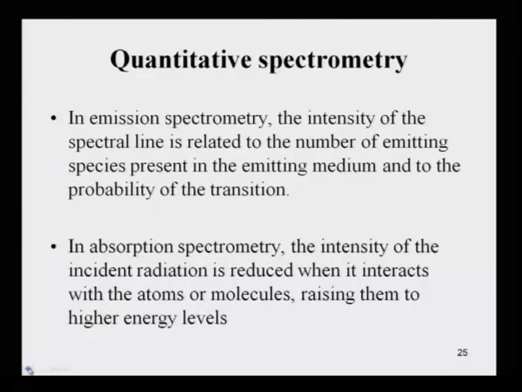In absorption spectrometry, the intensity of incident radiation is reduced, because it has interacted with the atoms or the molecule, raising them to higher energy. So here what happens is that incident light has some energy and the light which is coming out has some other energy, but this is at a higher energy, this is at a lower energy. So it is assumed that this loss of energy is what has been taken up by the atom.